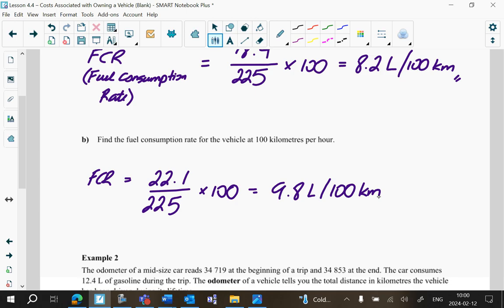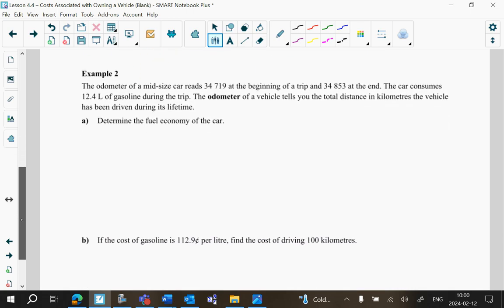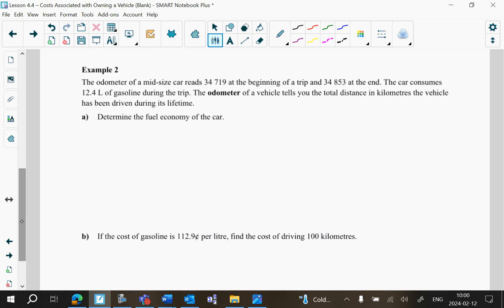Another example, the odometer. You should be familiar with an odometer. It is on your dashboard by your speed, and it tells you how many kilometers the vehicle has gone.